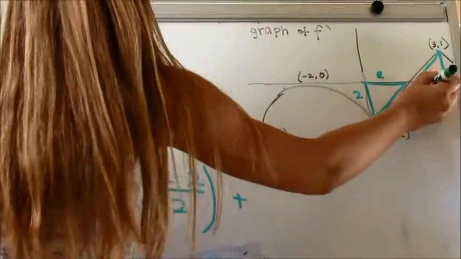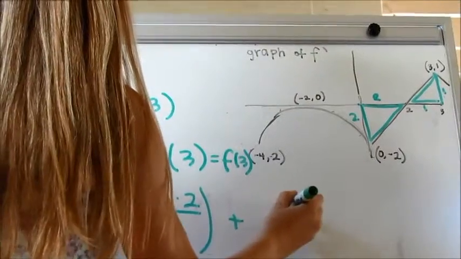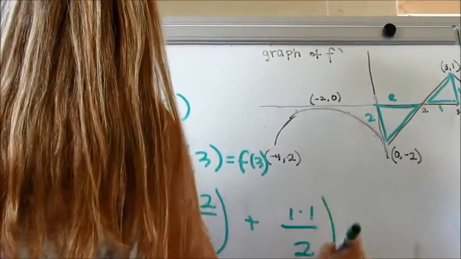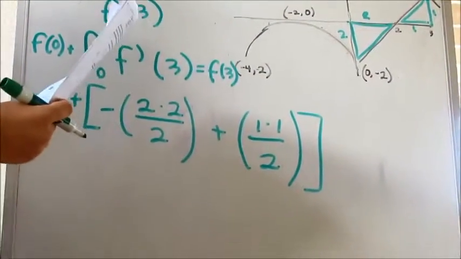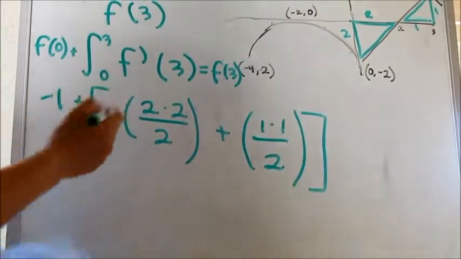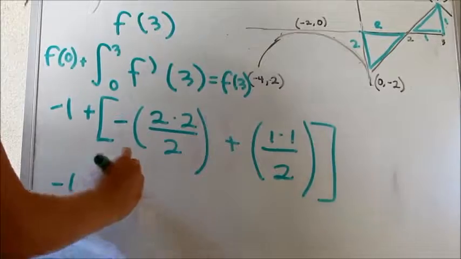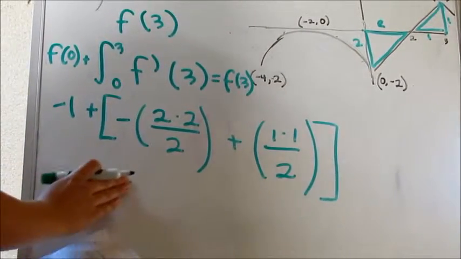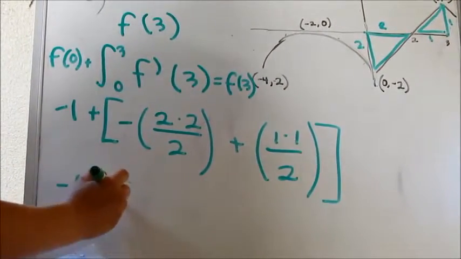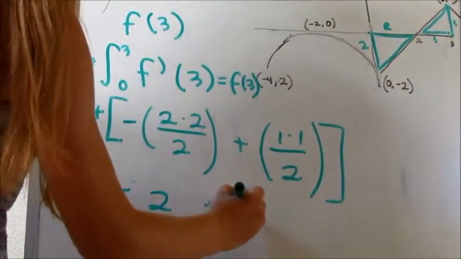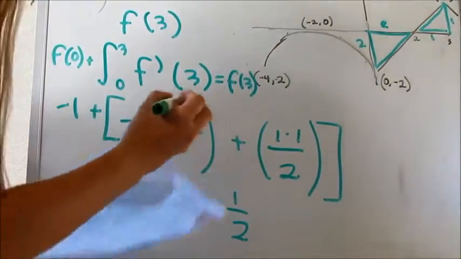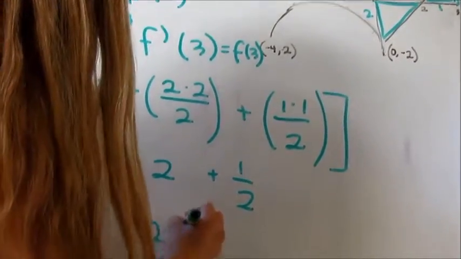And so the base is 1, height is 1, so 1 times 1 divided by 2. And then you simplify it down. So you get negative 1, minus 2 plus 1/2. So you get negative 2.5.